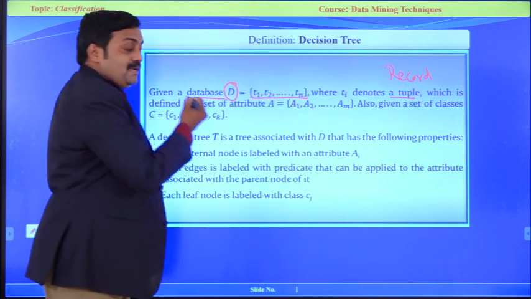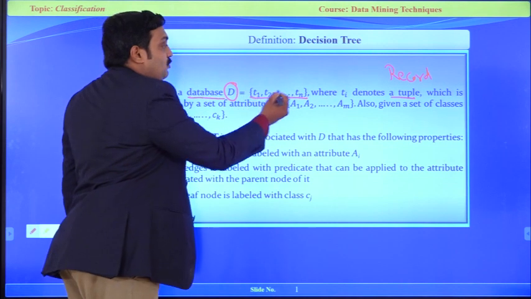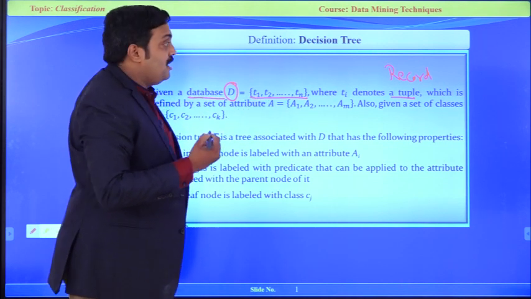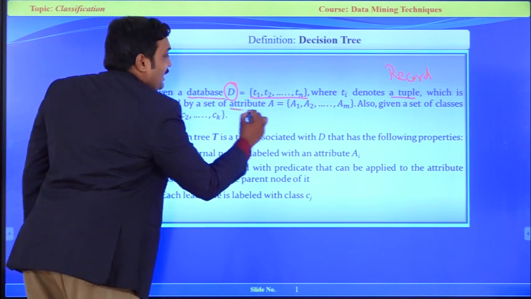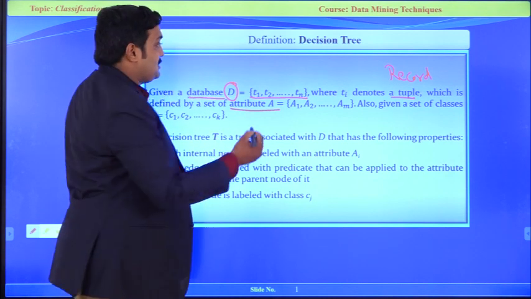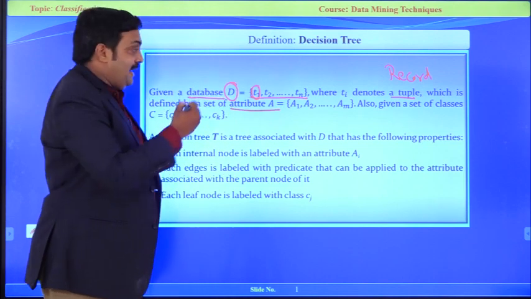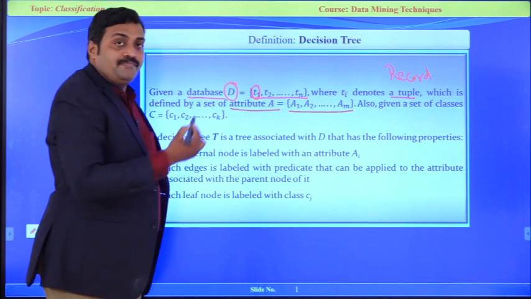So, in a database D, we have tuples T1 to Tn, in which each tuple can be defined by n number of attributes.